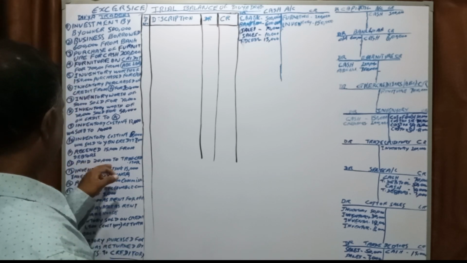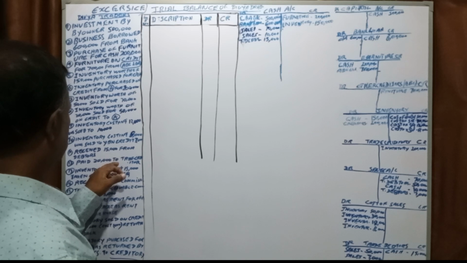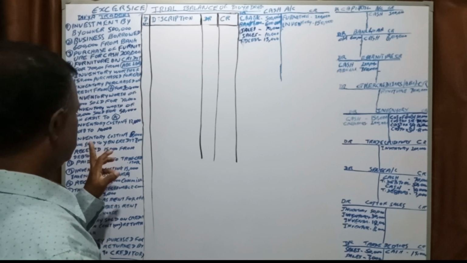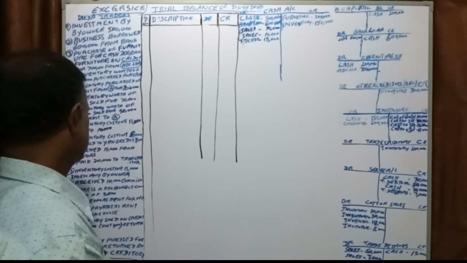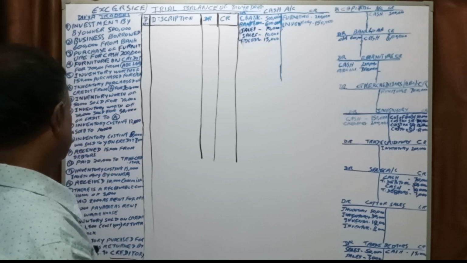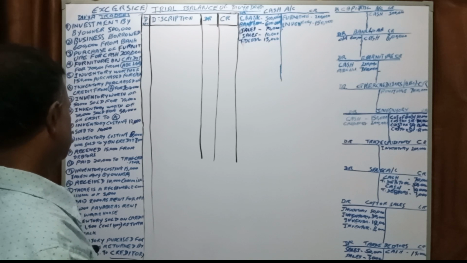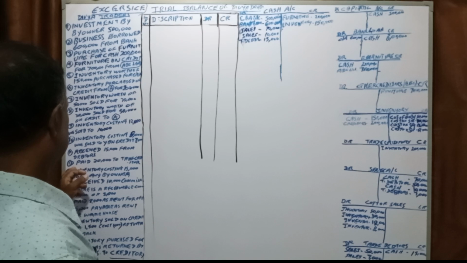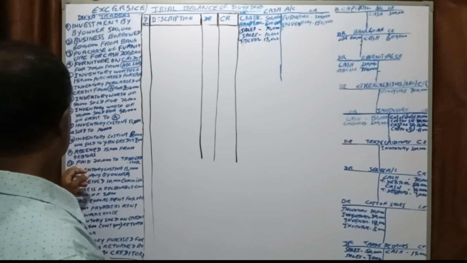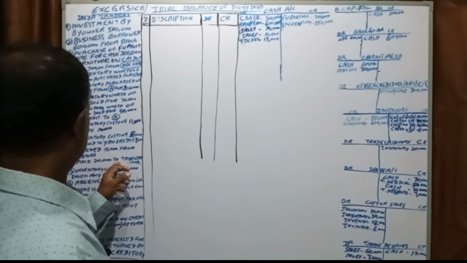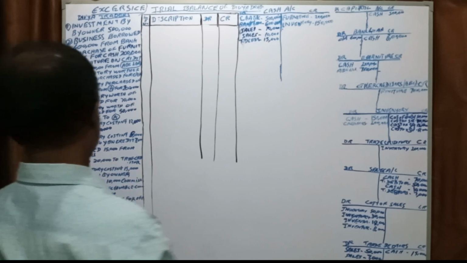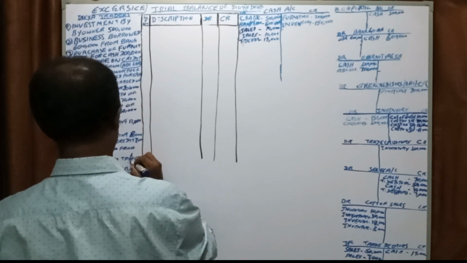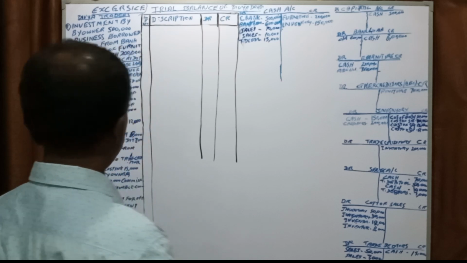Then paid 20,000 to trade creditors. Okay.